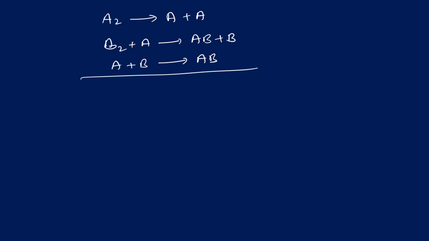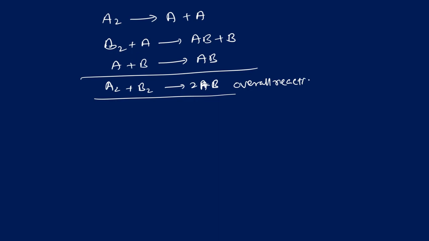The overall reaction is A2 plus B2 gives 2AB. This is called the first step, with rate constants K1 and K minus 1, this is K2, this is K3. Now this is a fast step and this is the slow step.